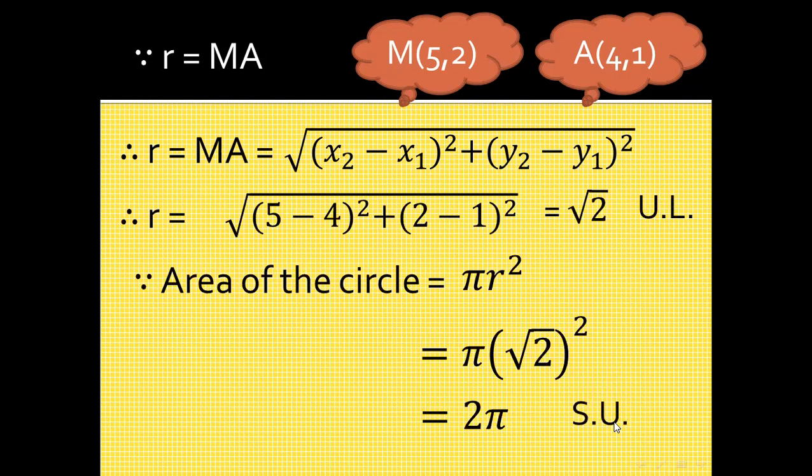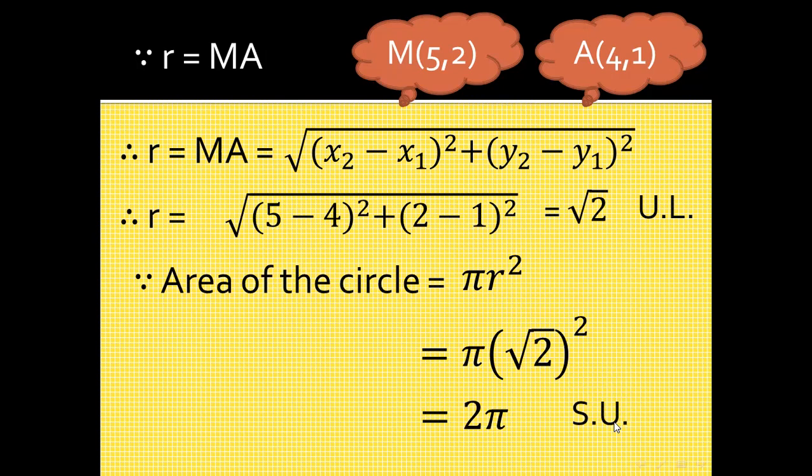Again, in this part, he asked me to find the area of the circle. Area of the circle equals πr², but we don't have the length of r, which equals MA or MB, it's the same. Then we can use the rule of the distance between 2 points as we studied in the first lesson in geometry.